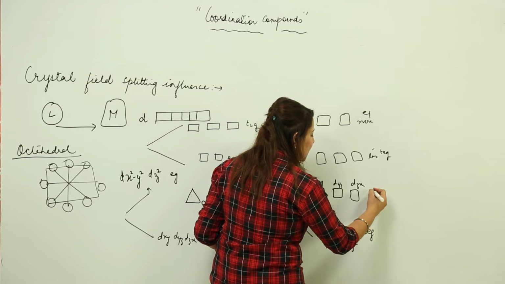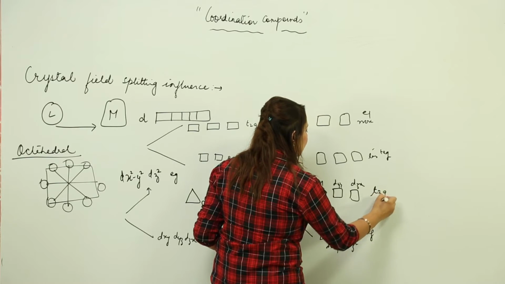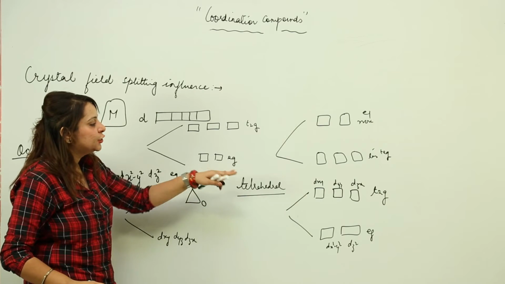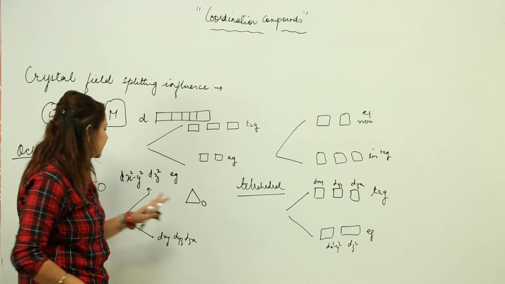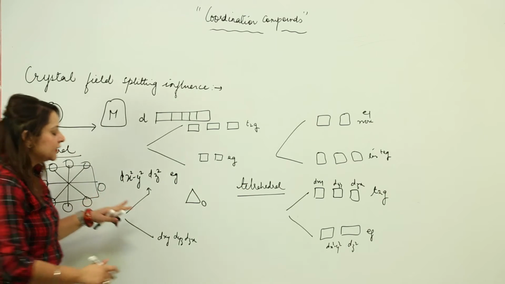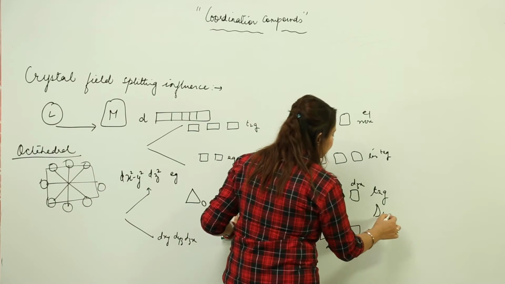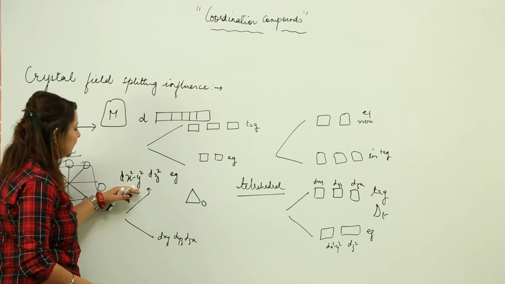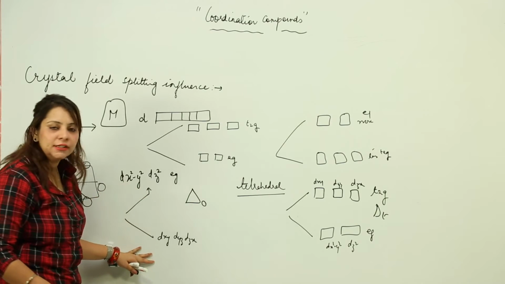That means Eg possesses less energy and T2g possesses higher energy. So in tetrahedral the energy of T2g is more and Eg is less, and the energy difference is indicated by delta with subscript T, while in octahedral it is delta O, indicating that their energy is somewhat higher and their energy is lower.